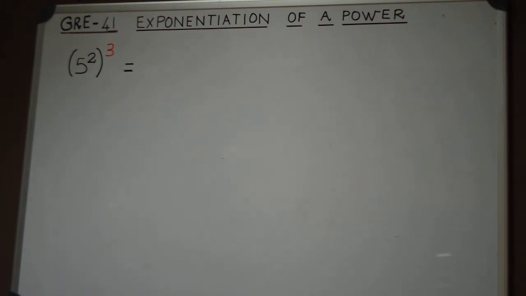The reason is that sometimes it is easier or more useful to calculate the exponentiation of a power in one way than in the other. Therefore, let us begin our manipulation of this expression, which you can see on the board.